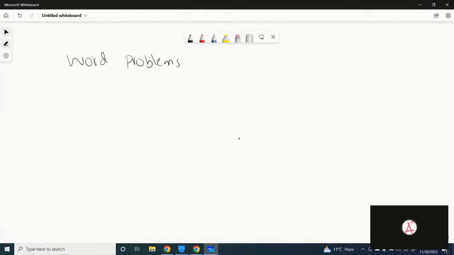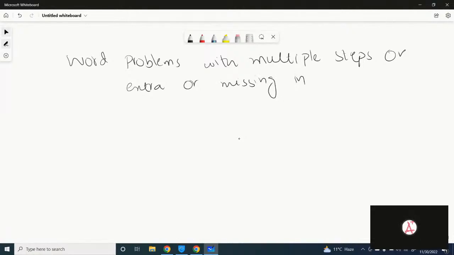Got it? Okay, the next one is word problems with multiple steps or extra or missing information. Let's start with the practice questions.